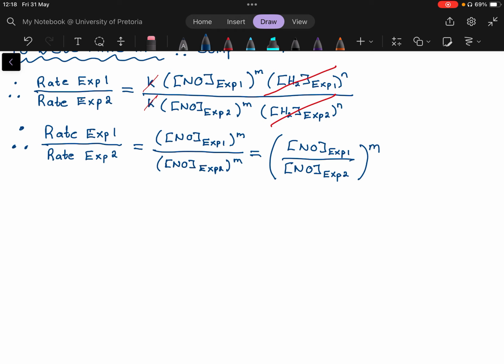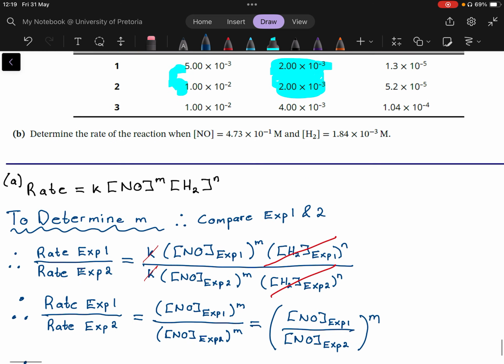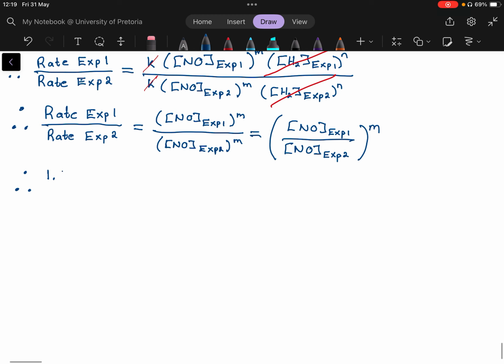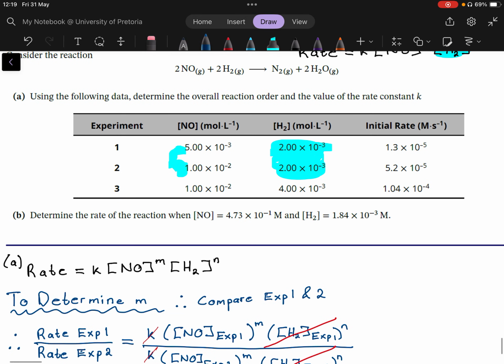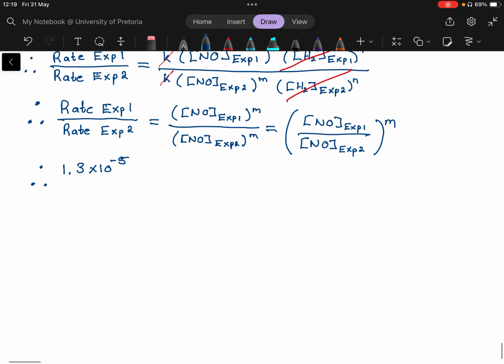All right, and now we substitute in values. So for experiment 1, the initial rate is 1.3 times 10 to the negative 5 molar per second, divided by the same thing for experiment 2, which is 5.2 times 10 to the power minus 5 molar per second.